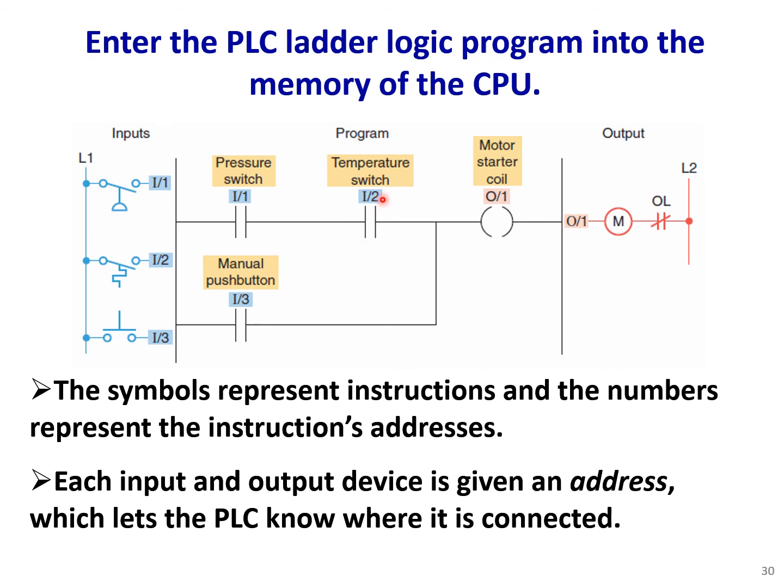Okay, and the same goes for the second one. And also we have a manual push button which has the address I3, and we have one output, and we call the output here coil.